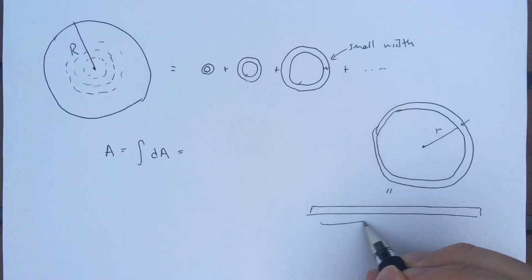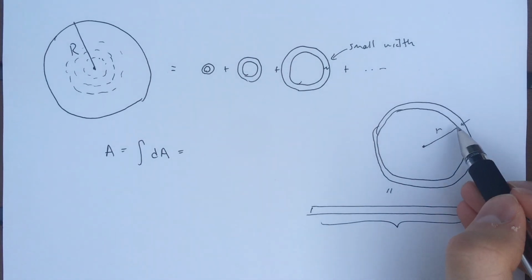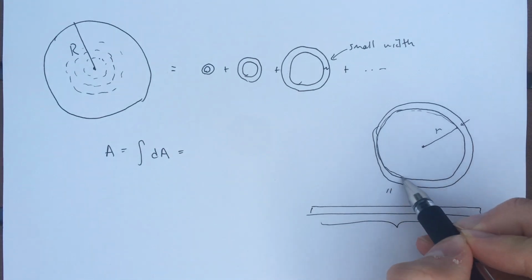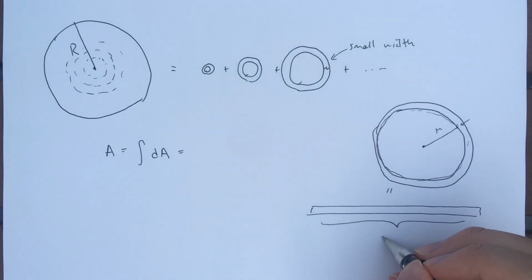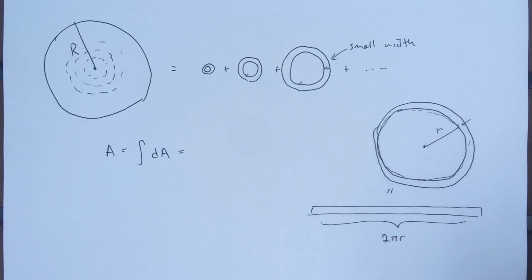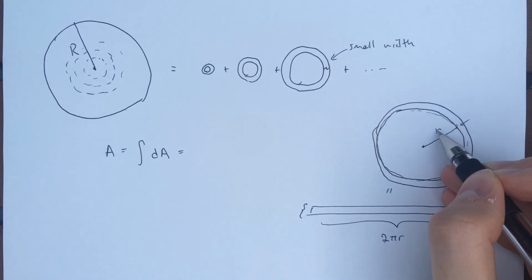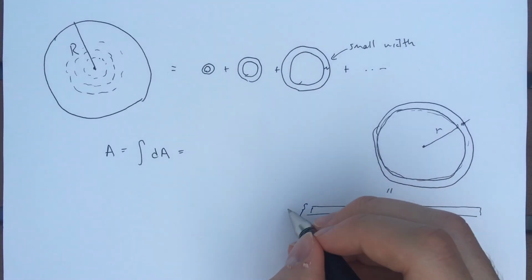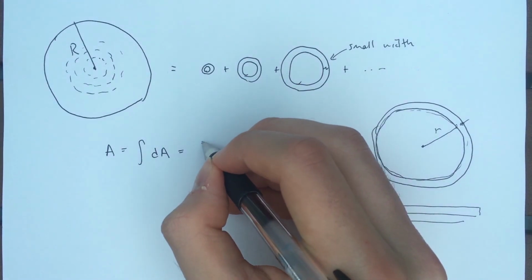Well, the length is equal to the length around this ring, which is simply the circumference. So that's going to be 2 pi r. And the width is going to be some small change in r. So here we have r1, r2, a small difference between this. That's just dr. So the area is going to be 2 pi r times dr.